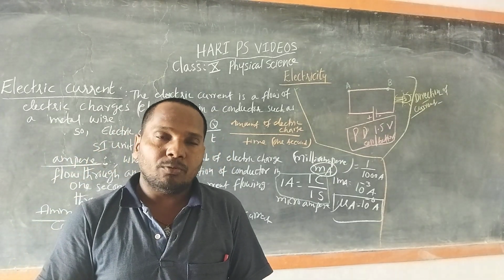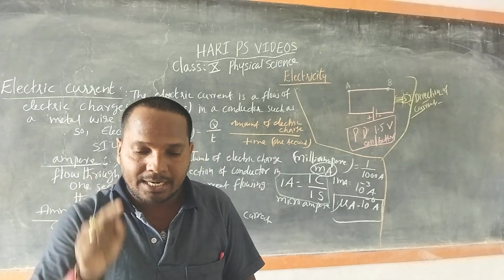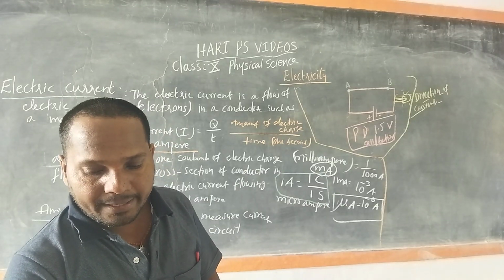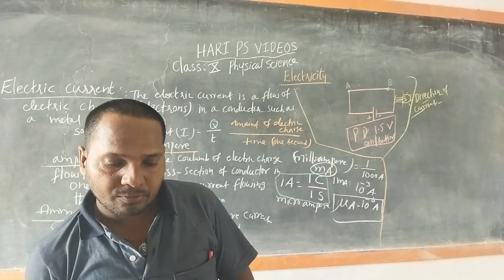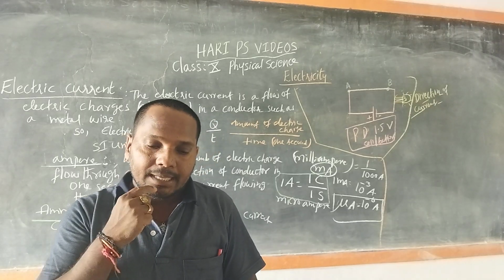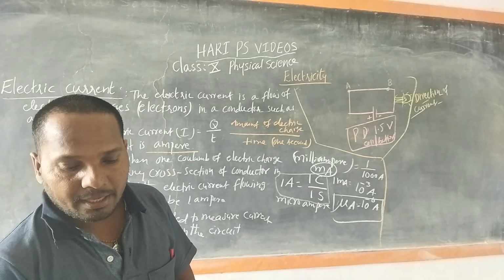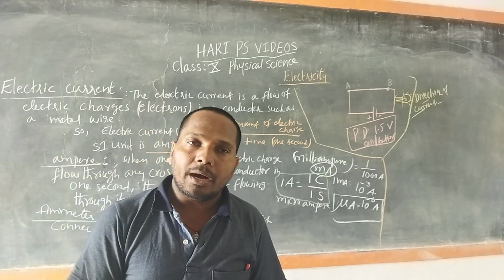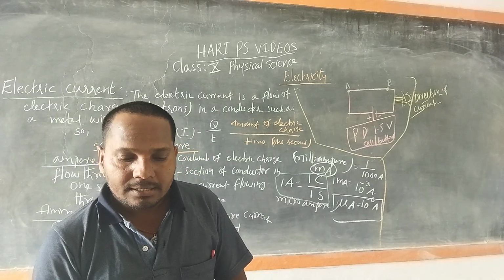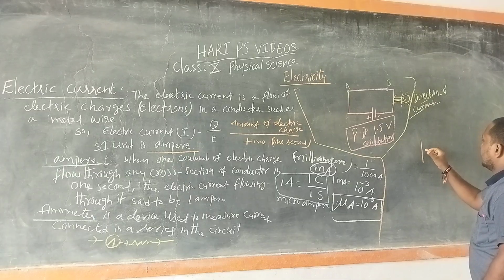So, electric current was considered to be a flow of positive charges, and the direction of flow of charges was taken to be the direction of electric current. Thus, the conventional direction of electric current is from the positive terminal to the negative terminal throughout the circuit.